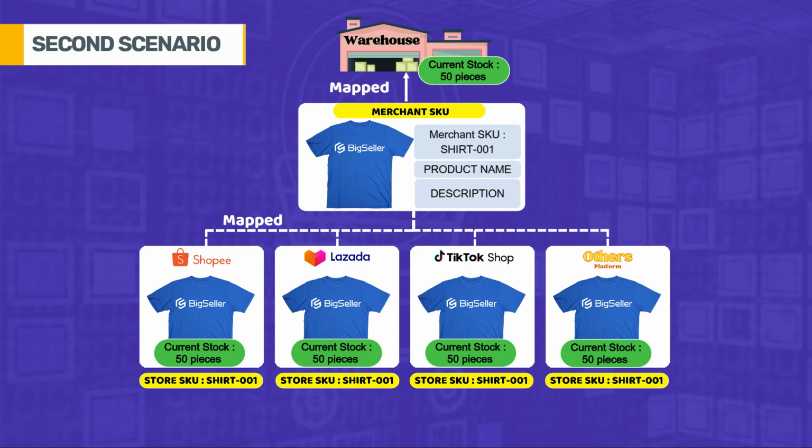After you do the manual stock in, the inventory in the warehouse is 200 pieces of t-shirts. At this moment, the push rule will push the total inventory of 200 in the warehouse to the mapped store SKU, make each platform synchronize inventory, and become in total 250 pieces of t-shirts.